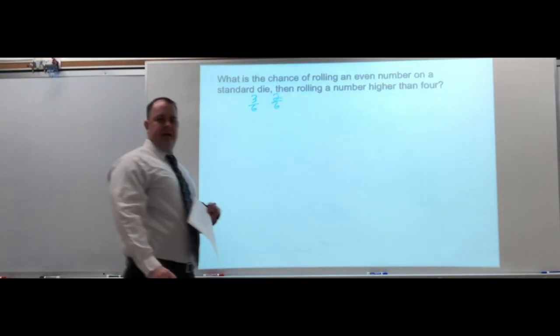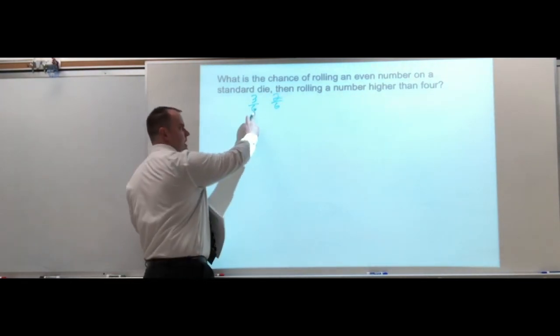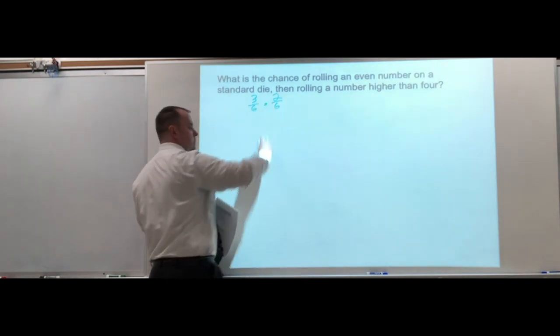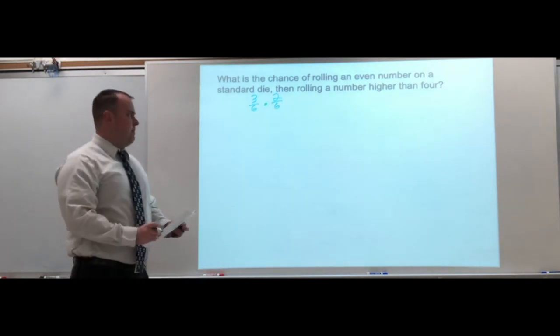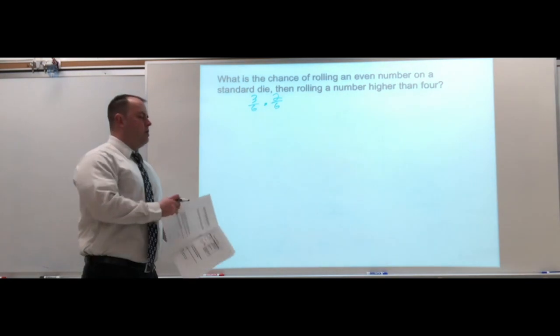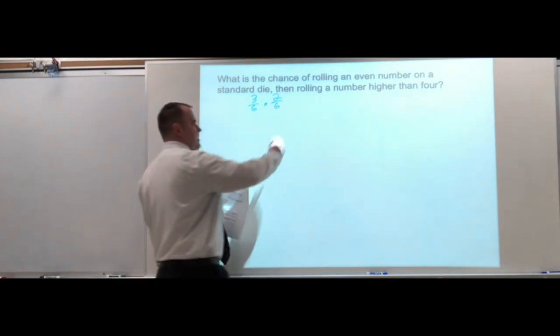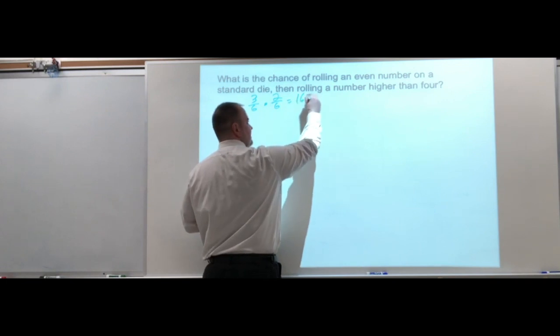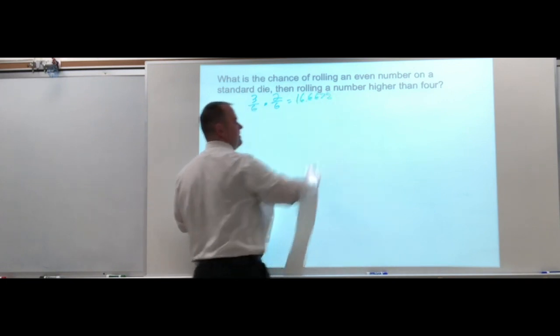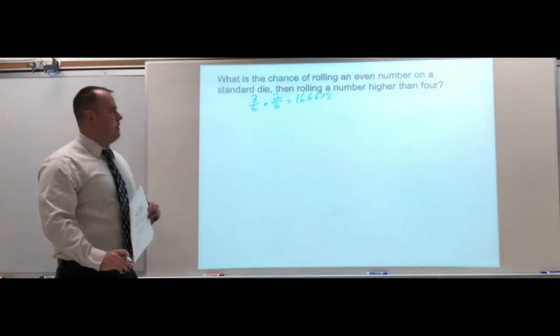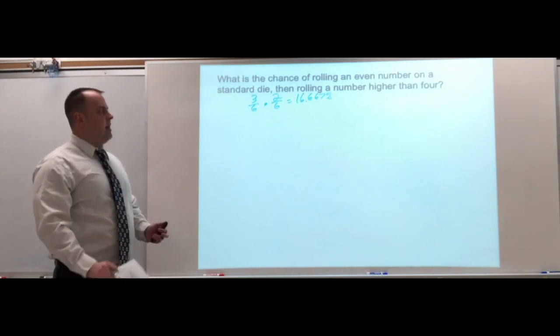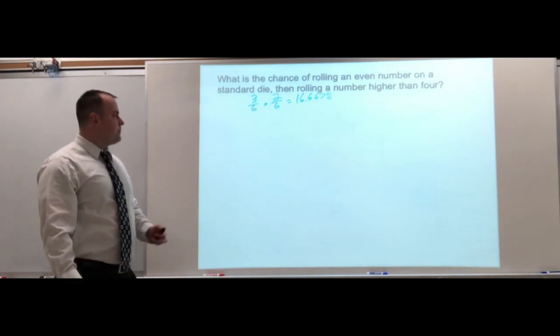You're going to multiply these events together: event A, event B, multiply them together. Just like before, I don't want you to deal with the fractions. Let the calculator do this work for you. I have 16.667% for that event: rolling an even number, then a number higher than 4.